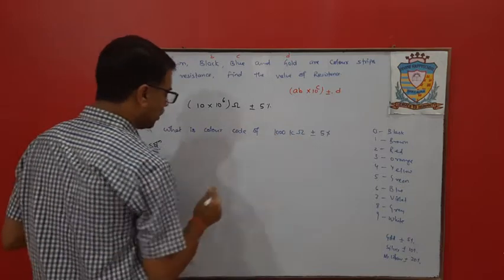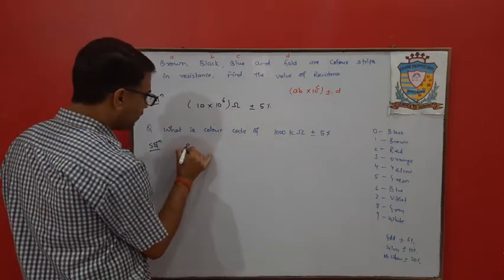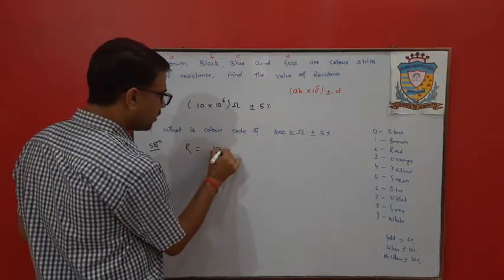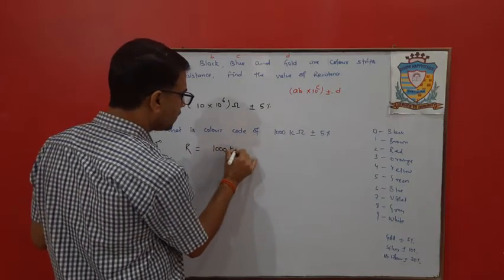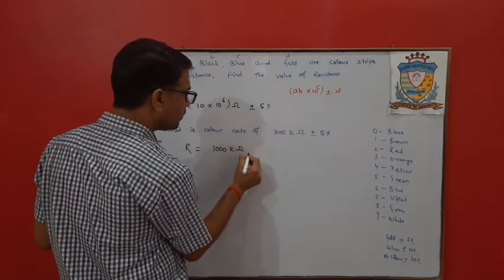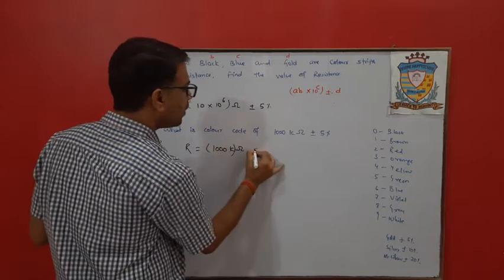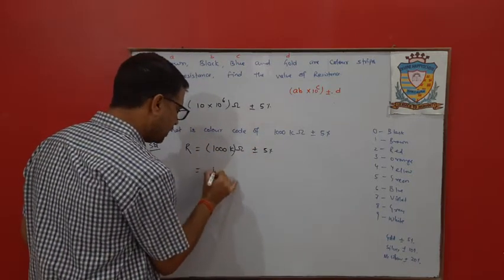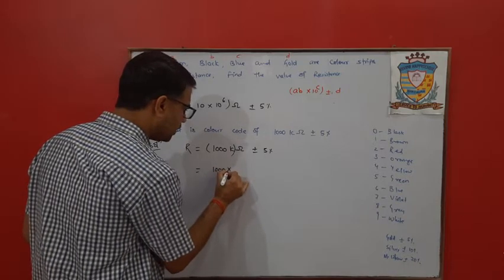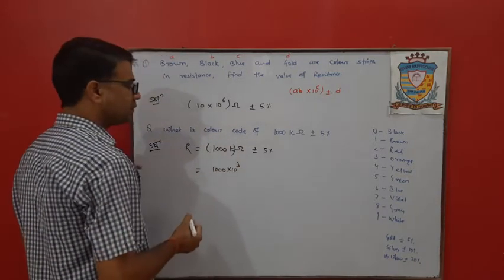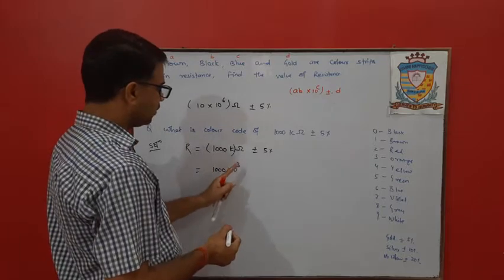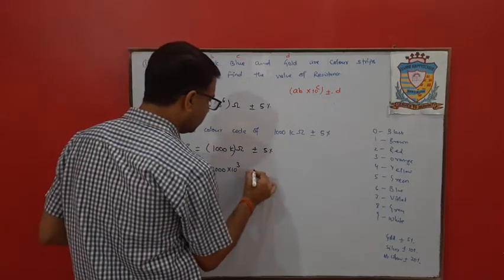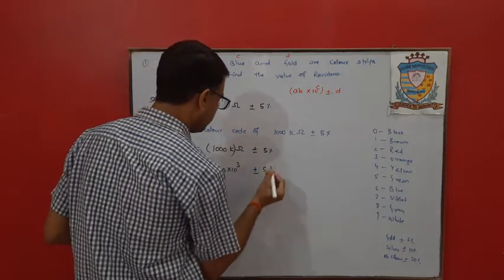So first we will solve it. We have the value of resistance, 1000 kilo ohm and plus minus 5%. So can we say this will be 1000 into 10 to the power 3, and plus minus 5%.